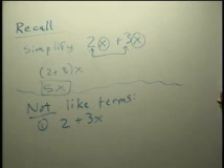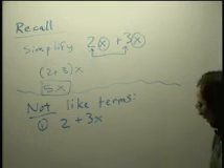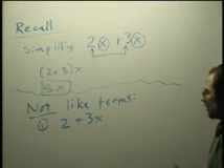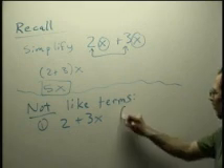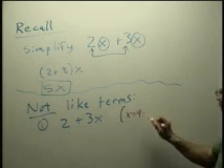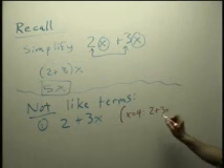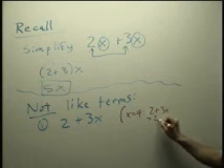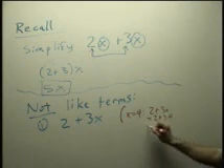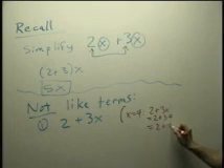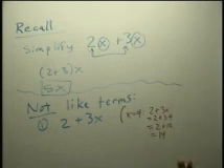If we think about putting in a number, let's say x is 4, then 2 plus 3x is going to be 2 plus 3 times 4, which is 2 plus 12, which is 14.